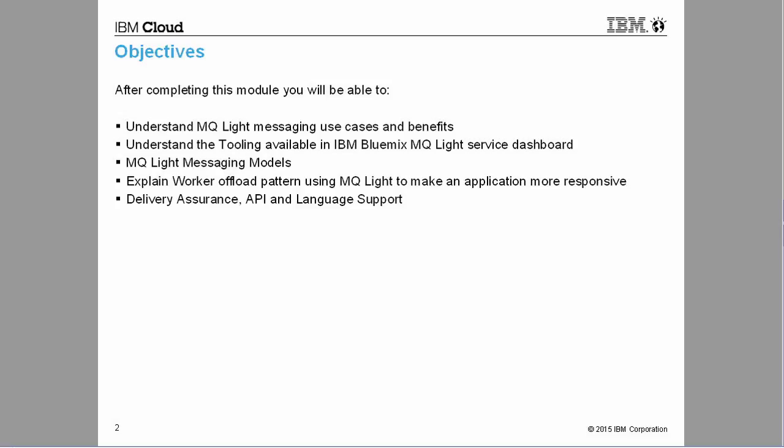Another key model pattern that MQ-Lite offers is a worker offload pattern to build an application and get optimal responsiveness. We're going to talk about that too. At the end, we'll talk about the languages and language APIs and delivery assurance models supported by MQ-Lite.